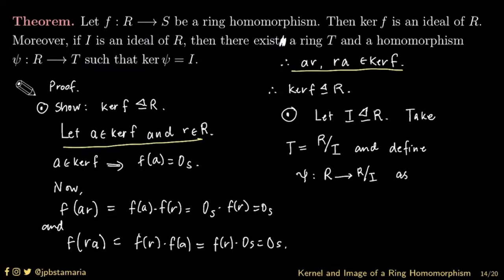Anong elements ng R modulo I? Ang laman ng R modulo I ay mga cosets ng ideal na I. Pag sinabing coset, ano nga itsura? Ang itsura nun, parang si I lang yun, mag-a-add ka lang ng elements sa lahat ng elements ng I. So for example, a plus I, little a plus I, ng ganon.